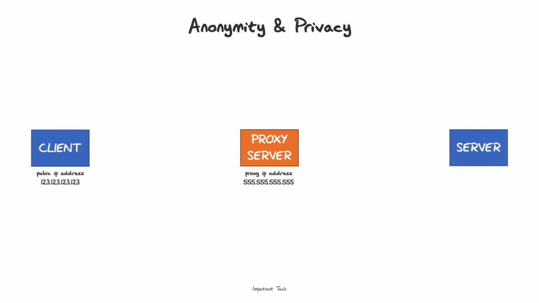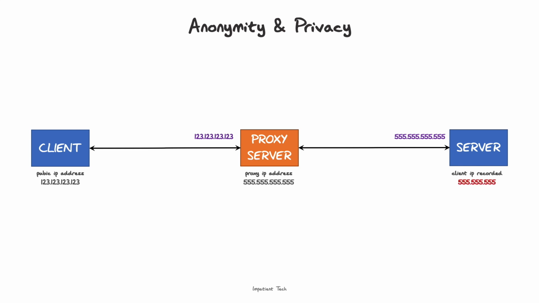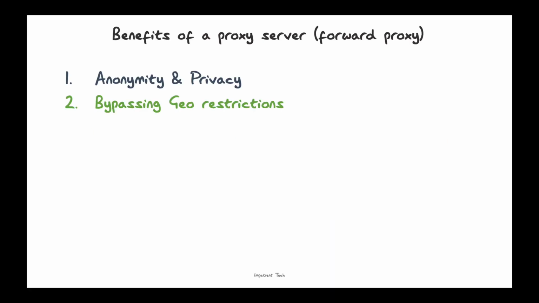However, with a proxy server in place, the proxy server will intercept the client's requests and forward them on behalf of the client, masking the client's IP address and replacing it with the proxy server's IP address. This way, the server will not be able to see the client's IP address, keeping the client's identity hidden and secure.